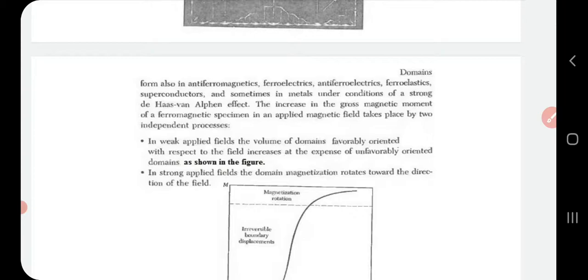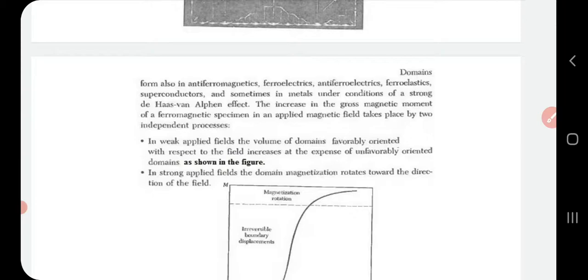That is, magnetic moments will align in a particular direction and the material will get magnetized. And that magnetization arises by two independent processes. Which are they? In a weak applied field, the volume of domains oriented favorably with respect to the field increases at the expense of unfavorably oriented domains.